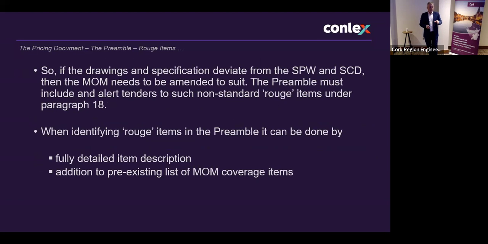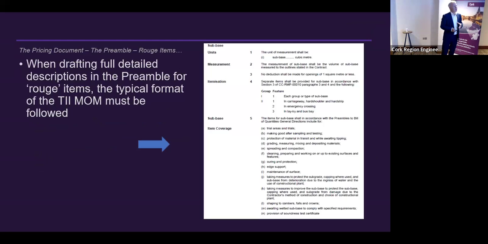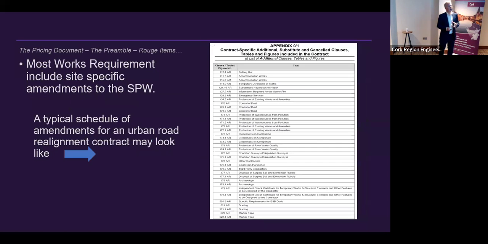There is, to be honest, a bit of confusion as to this. Maybe just jump forward a second, just to explain what I mean by site-specific changes to the TII specification. Here we have a list of contract-specific additions to the TII specification.